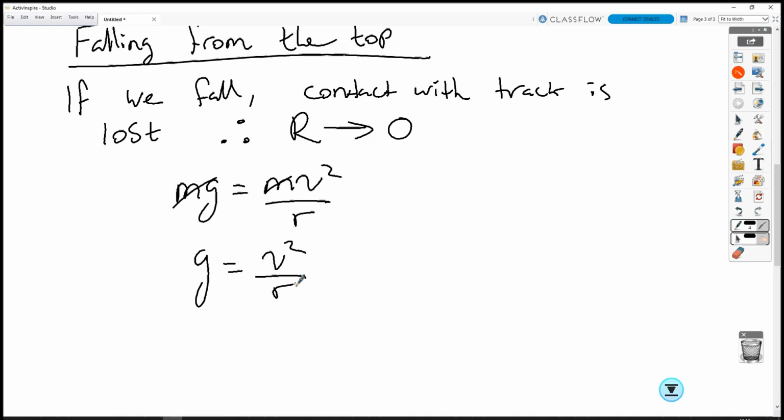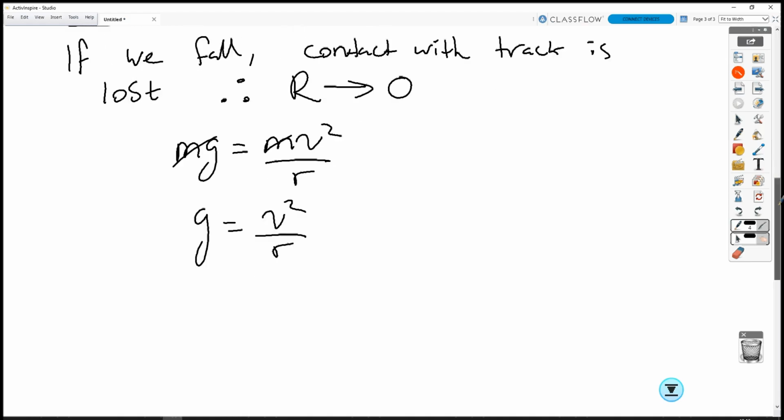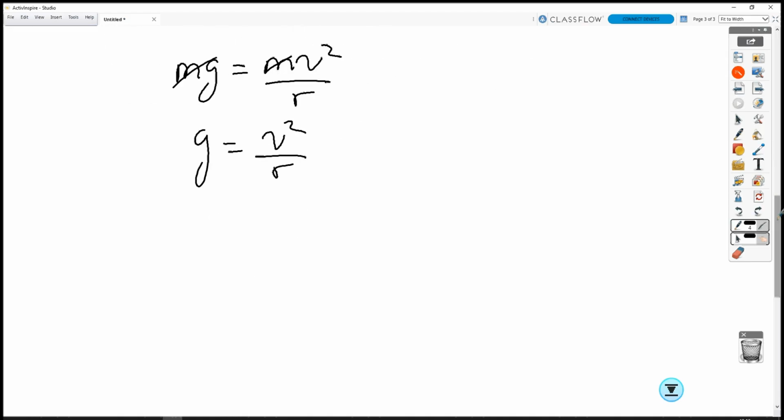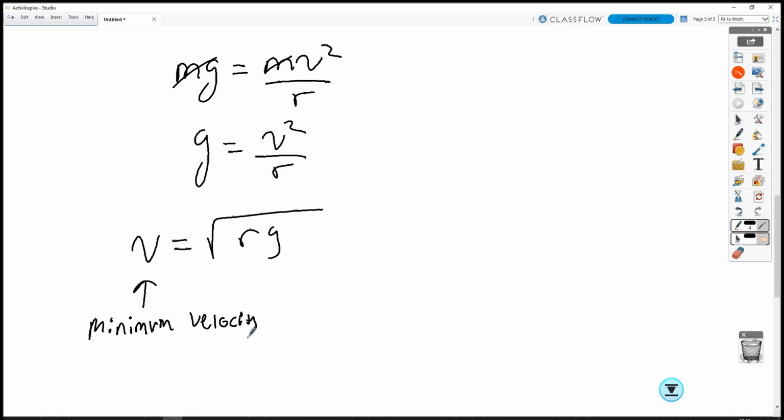In this case, we want a greater velocity to not fall. So we rearrange this to get v equals the square root of rg. This is the minimum velocity to not fall. And again, it does not depend on mass, much the same as the other one.